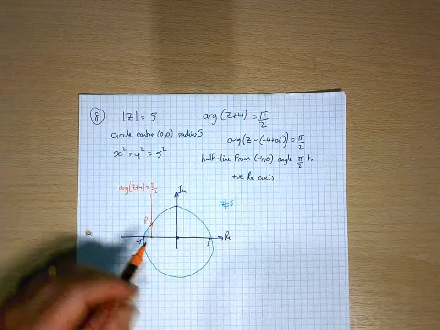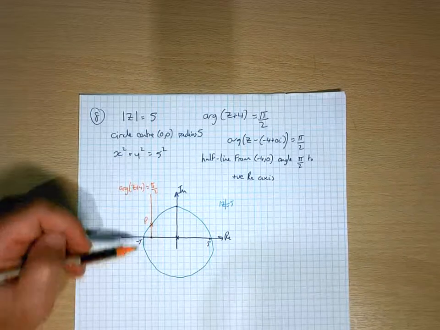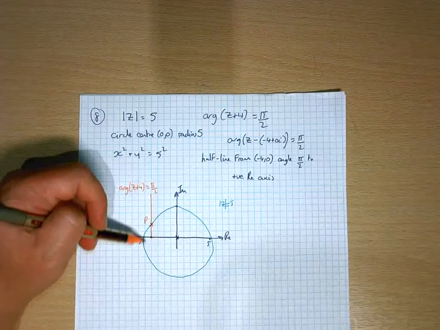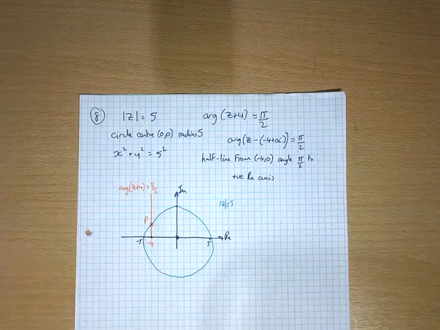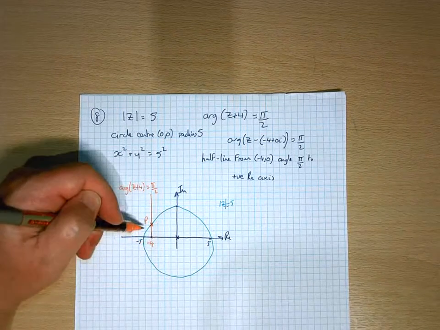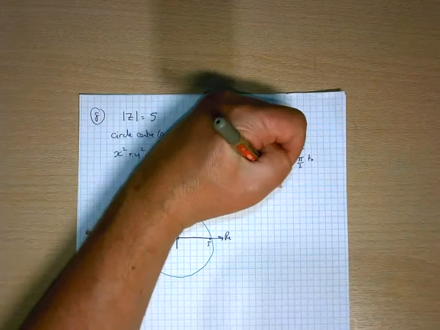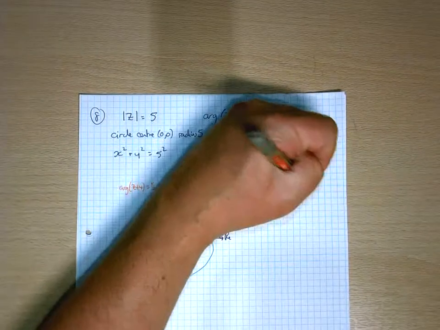We've got to solve simultaneously. We can see now the Cartesian equation for this is just going to be x equals minus 4. So this is x equals minus 4.